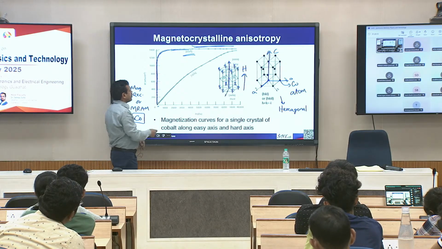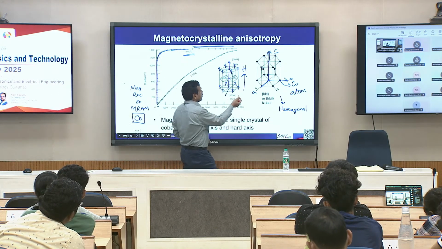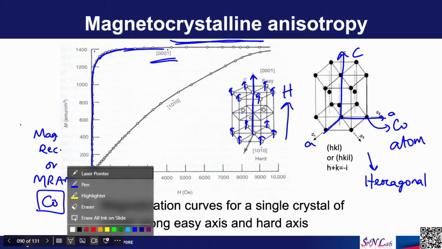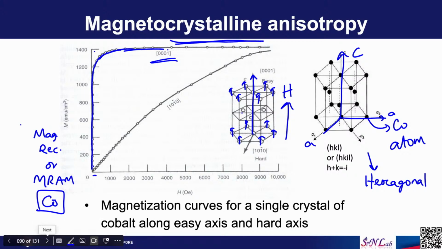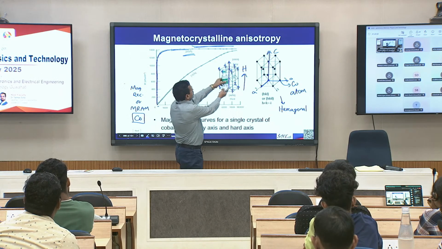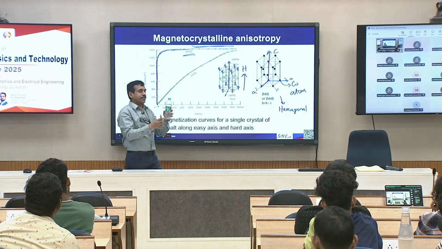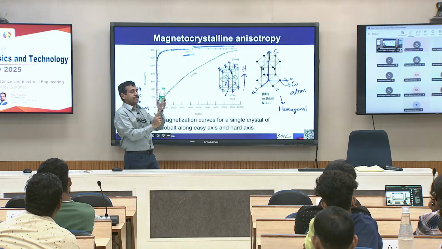Now, let us try to apply magnetic field along the hard direction. So, you can say this is a hard direction. Let us say this bottle represents the cobalt crystal, and the c axis, the easy axis, is along this direction, the height direction.